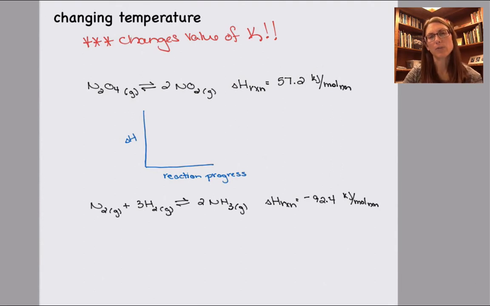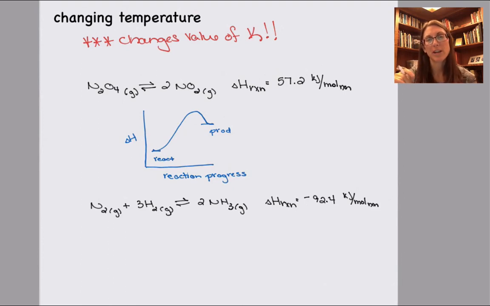If I look at this first reaction, delta H for the reaction is 57.2. So I know if I look at my reactants and my products, that my products have a higher enthalpy. And if I look at how the energy changes along the way, there's always a little hill. That represents your activation barrier, your activation energy for the reaction.